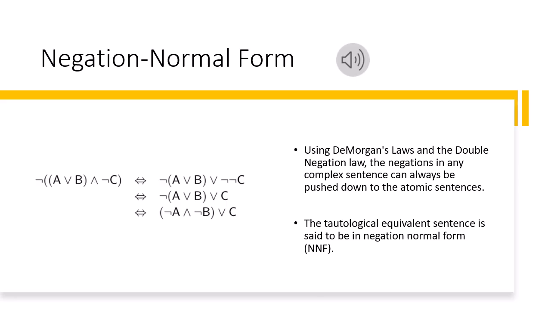For example, when we are going to put some complex sentence into negation normal form, we'll always use De Morgan's laws. That's where we can pass that negation through a conjunction, and it flips the conjunction to a disjunction or vice versa. And the double negation law, which says that two negations in a row cancel each other out.